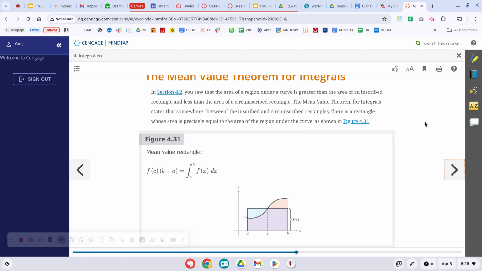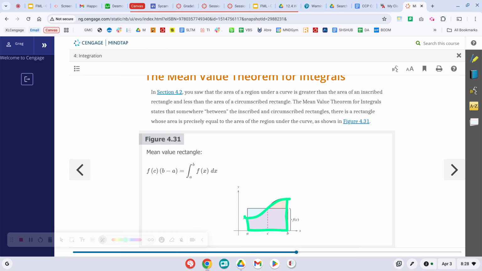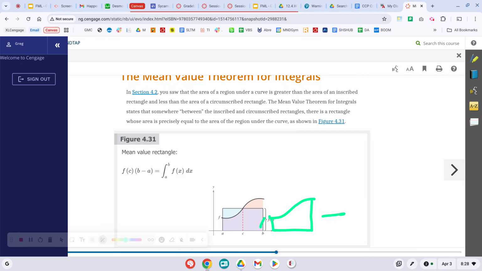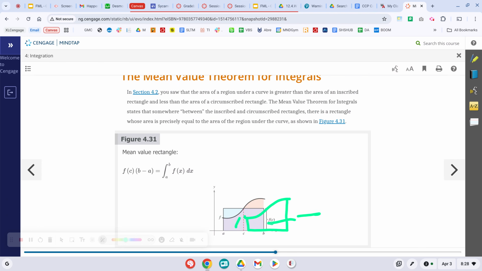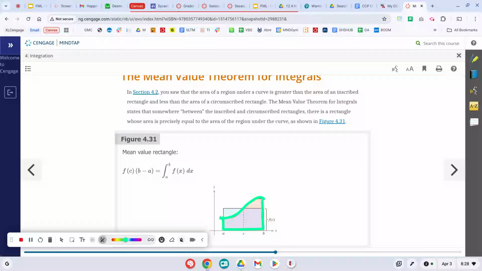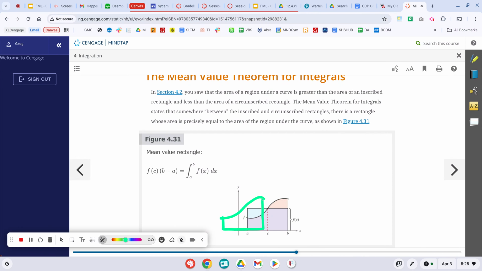The mean value theorem for integrals just says if we have a function that's most likely a curve, and we have this area under this function. Oh my gosh, how frustrating is this? Whoa! All right, well, you get the idea. The area under the curve could be not approximated, but completely matched by some rectangle with the exact same area and the exact same base.